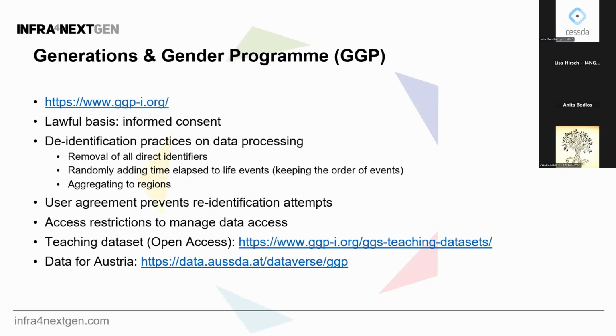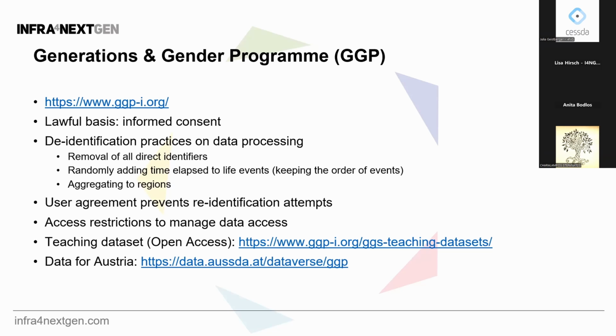The last example is the Generations and Gender program. So here the lawful basis for this survey program is the informed consent. Of course, the Generations and Gender program, or GGP, also anonymizes data. So first of all, direct identifiers are removed.